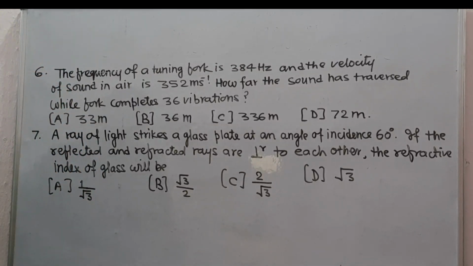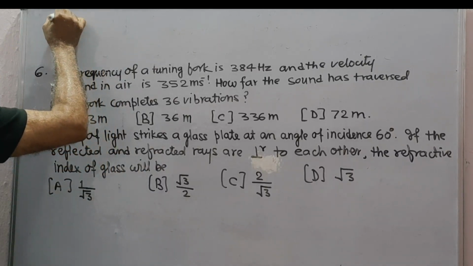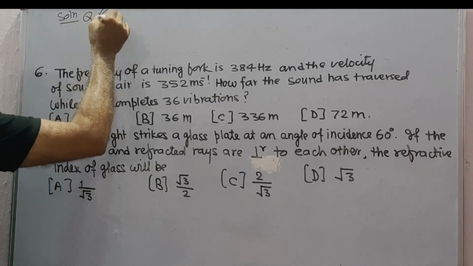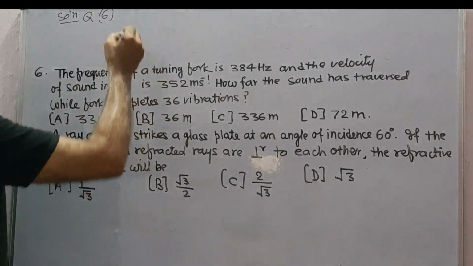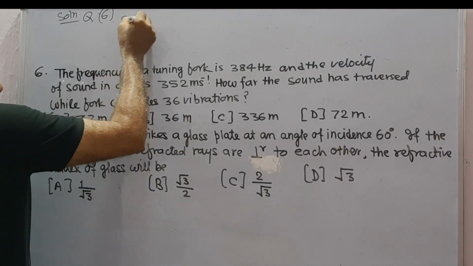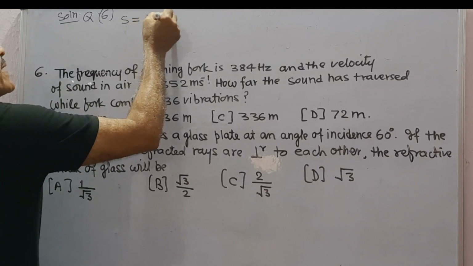Question number 6. The frequency of a tuning fork is 364 Hz and the velocity of sound in air is 352 meters per second. How far the sound has traversed while the fork completes 36 revolutions? Solution to question 6. Distance moved by sound will be equal to velocity into time taken.